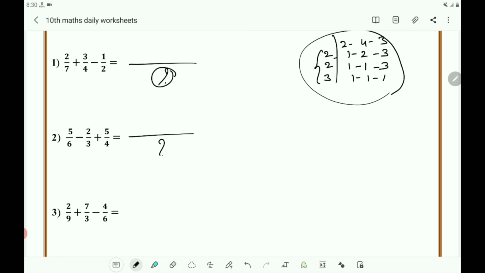To get the LCM, you verify 6 is to be multiplied by which number. By that number only 5 is to be multiplied. Similarly, verify 3 is to be multiplied by which number. By that number only 2 is to be multiplied.